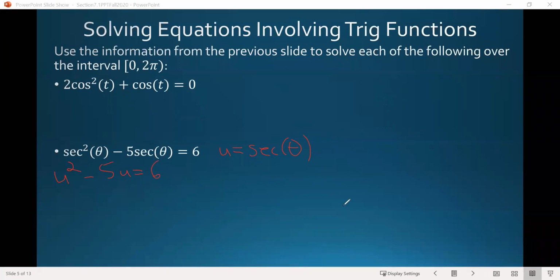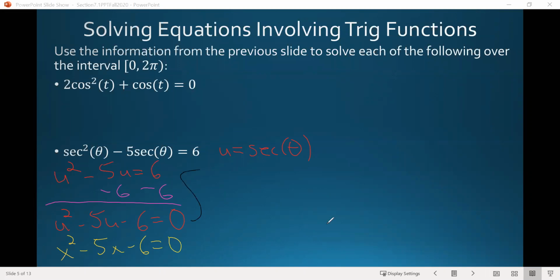Which we see as a quadratic, so we can subtract 6 from both sides. We want to make this equal to 0. So when we do that, we end up with u squared minus 5u minus 6 equals 0. Which again, comparing this to what we've done before, looks kind of like the x squared minus 5x minus 6 equals 0 that we solved before.